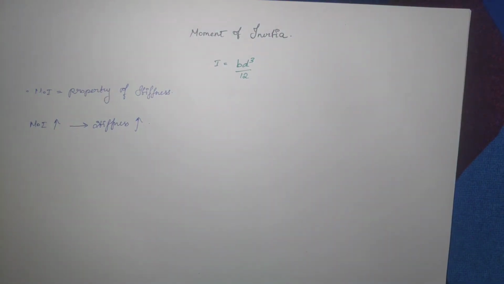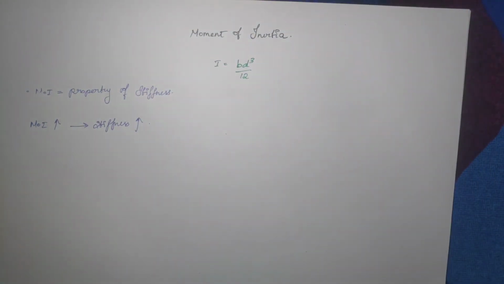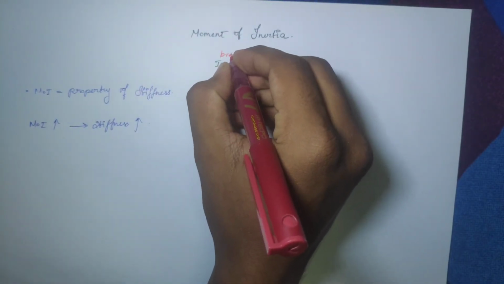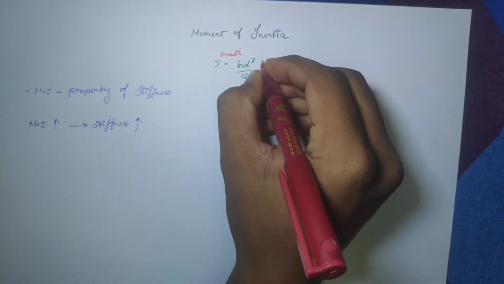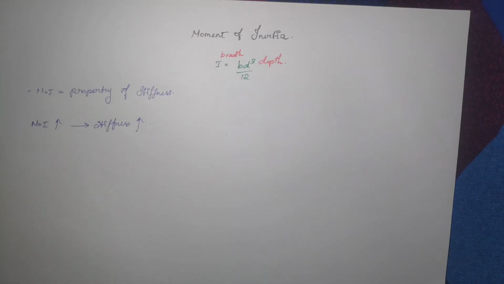This is a practical thing, and let's study it with this formula. We all know inertia is equal to b d cube by 12, where b stands for breadth and d stands for depth. This is the main formula.